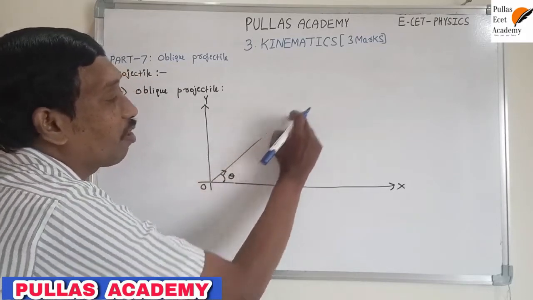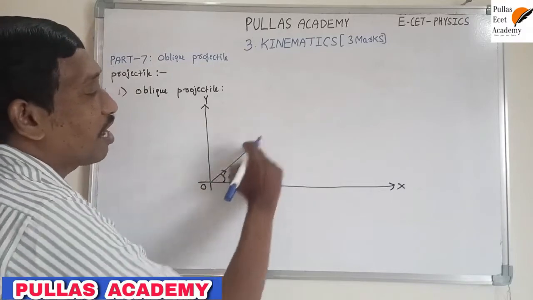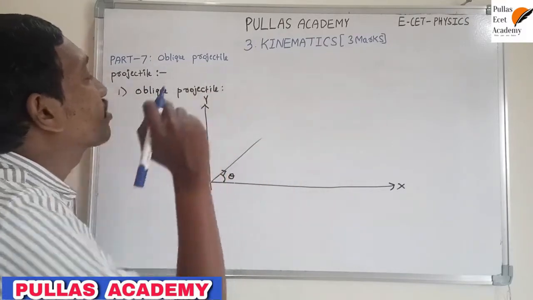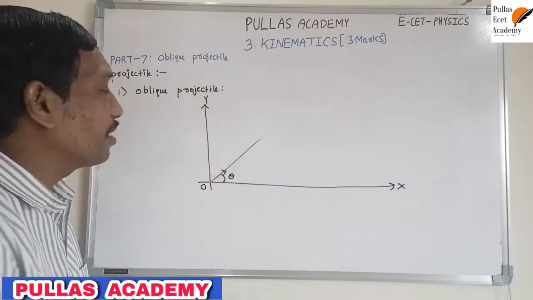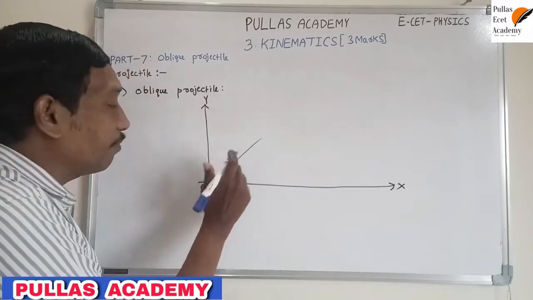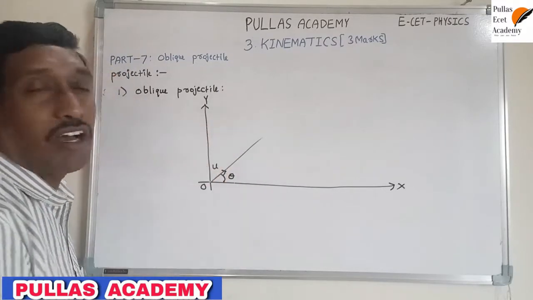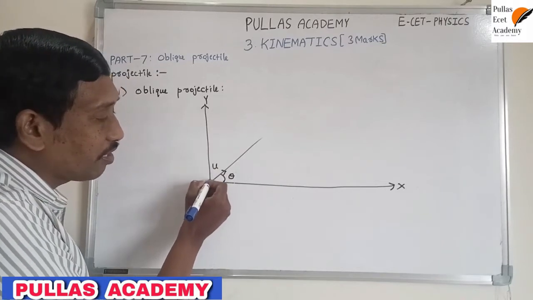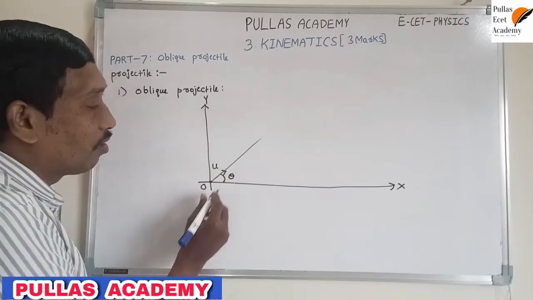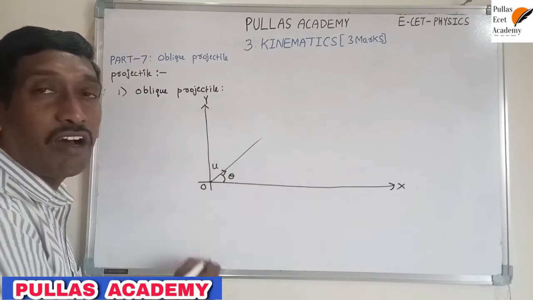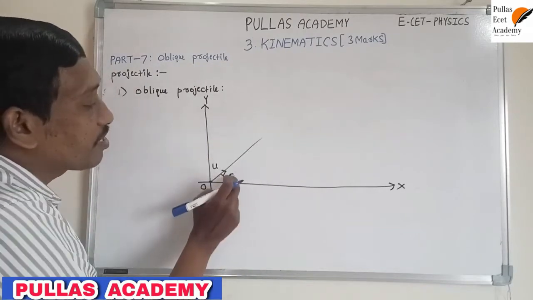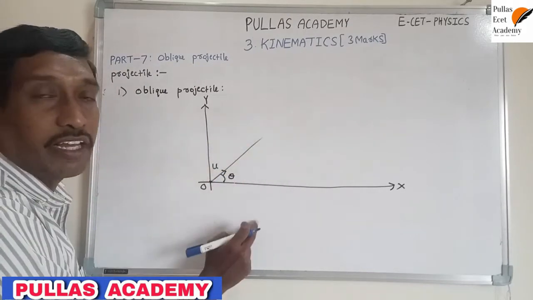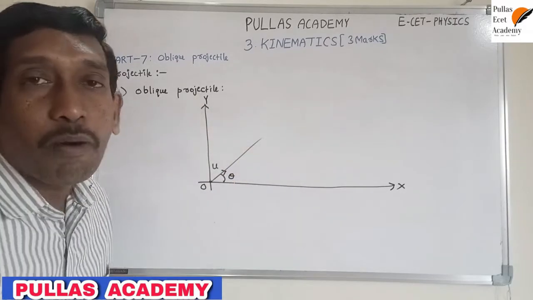If you project it along this slanting line, that is considered an oblique projectile. Suppose u is the projected velocity at the point of projection, at an angle theta with the horizontal. From the diagram, this theta is less than 90 degrees. That's why this is called an oblique projectile.